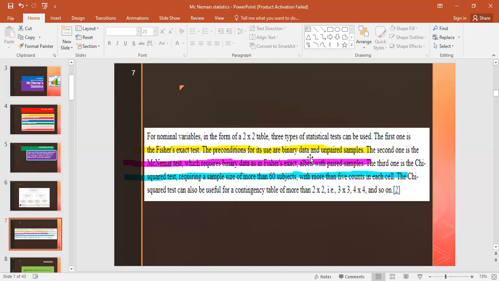And the third one is the chi-square test, requiring a sample size of more than 60 subjects with more than 5 counts in each cell. The chi-square test can also be useful for a contingency table larger than 2 by 2, such as 3 by 2, 4 by 4, and so on.